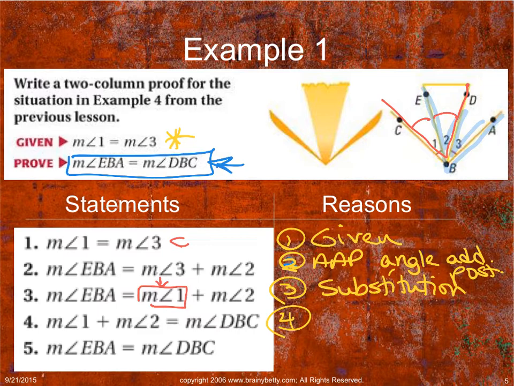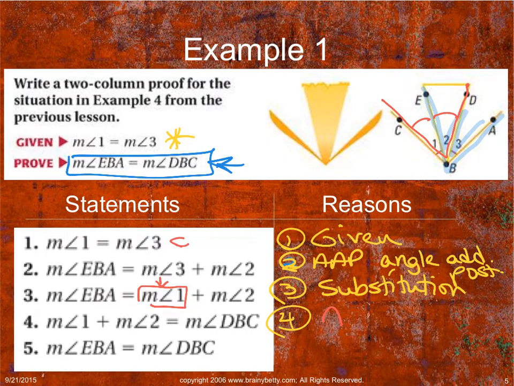What are they asking? To prove that the measure of EBA is equal to the measure of DBC. They're using angle addition postulate. So they're trying to establish what DBC is made up of. And DBC is made up of 1 plus 2. And now we can say angle addition postulate here.